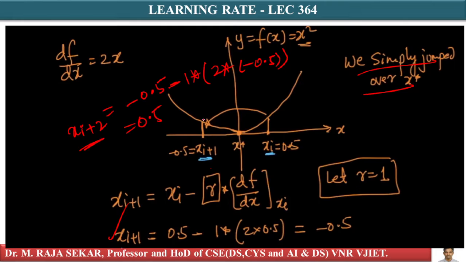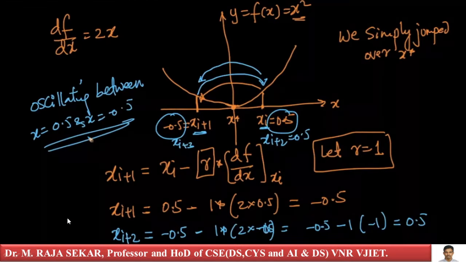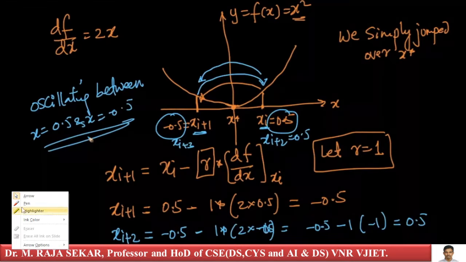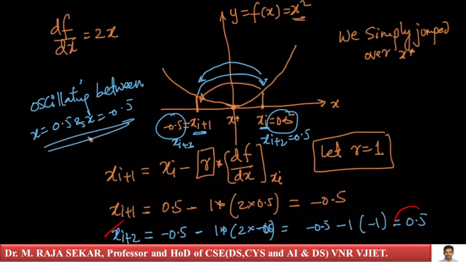Therefore, from xi plus 1 you will go to xi plus 2, isn't it? Just check this particular calculation. Xi plus 2 is equal to 0.5. Therefore, you are jumping from xi plus 1 to xi plus 2 like this, 0.5.